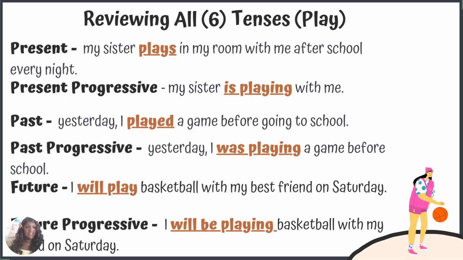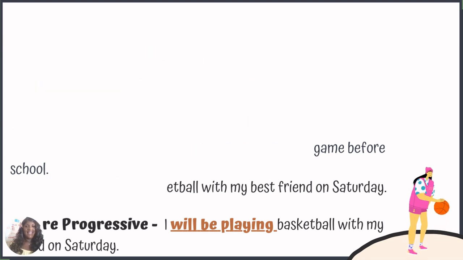Past progressive. Yesterday, I was playing a game before school. Future tense. I will play basketball with my best friend on Saturday. Future progressive. I will be playing basketball with my friend on Saturday.